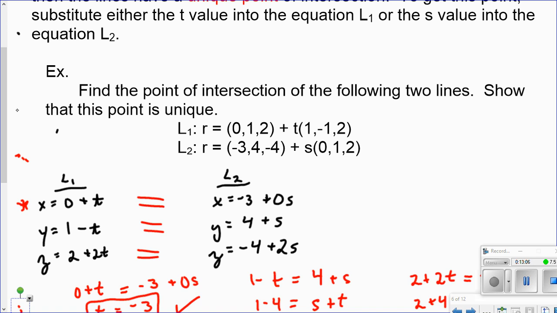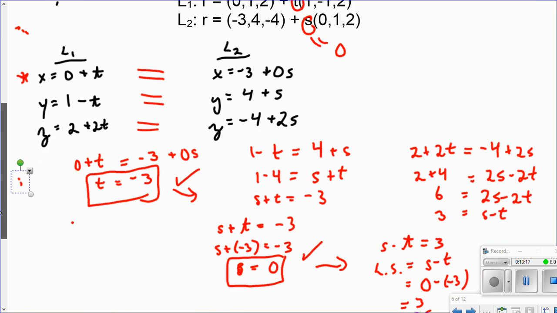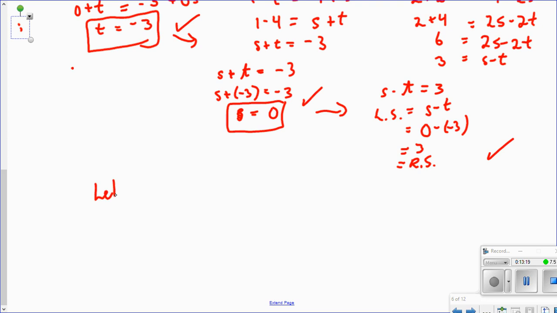Now I can make a decision here. I can let t equals negative 3 or s equals 0 and solve for my point of intersection. So let's let s equal 0.